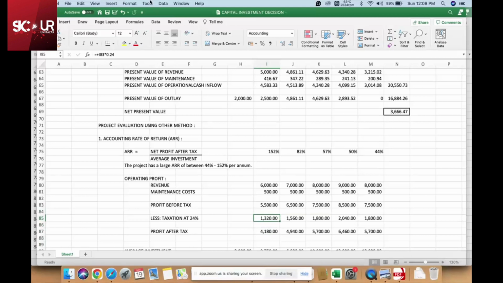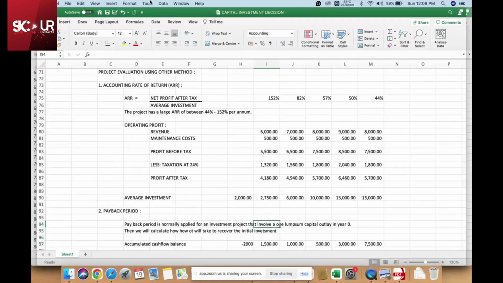For the 24% taxation, you just take 5,500 multiplied by 0.24 and copy through also. Then you have the profit after tax as the profit before tax minus taxation.